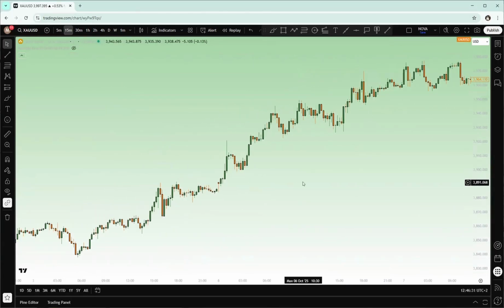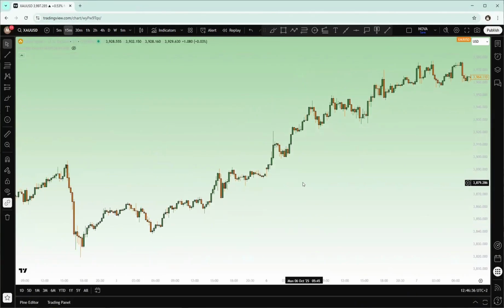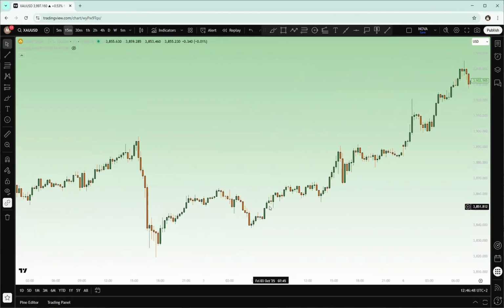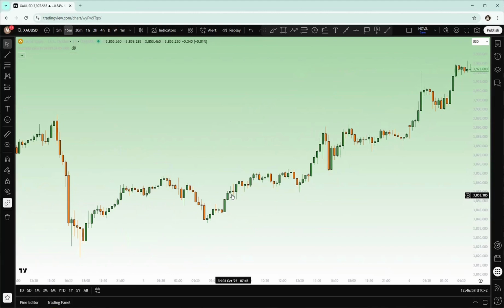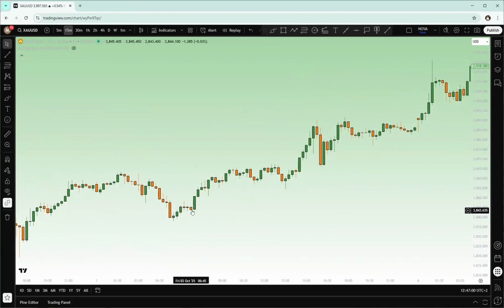It usually happens at a key resistance or key support level. Anytime you see the market moving sideways and lying below a resistance, that is when the market is accumulating and the key resistance and key support levels are forming. And here we have an engulfing, right? Okay, let me mark it on the chart for you.